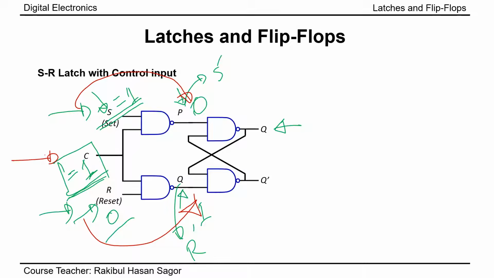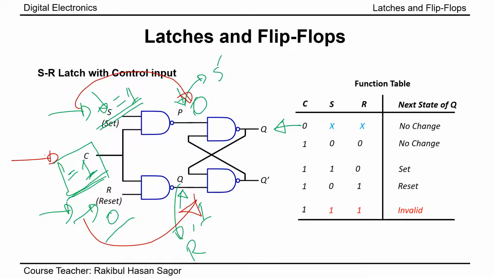So if we see the function table, this is the function table. If the control signal value is equal to 0, we don't care about S and R value. The next state of Q will be the previous value. That means there will be no change.